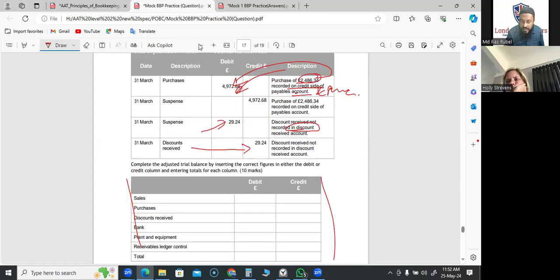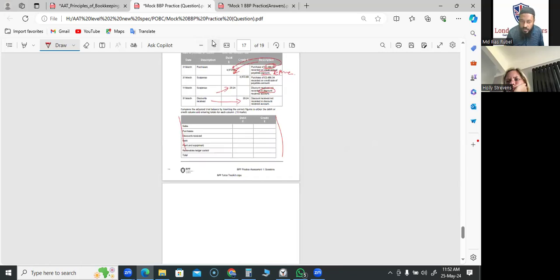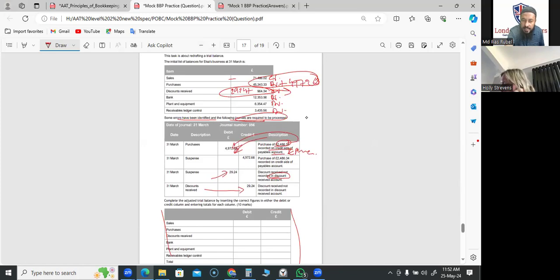Sales as it is. Let me make it smaller and let me show you how to do it. That's too much smaller, a little bigger, yeah. Sales as it is. Purchases, is it as it is? No. Purchases, you need to, let me see.